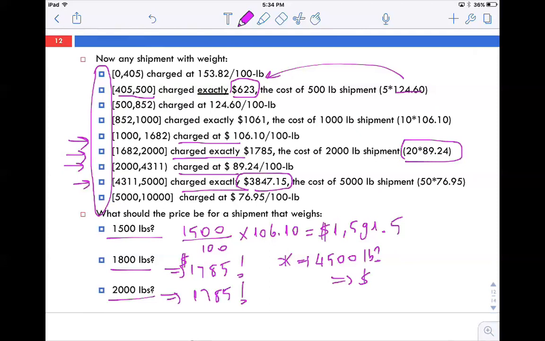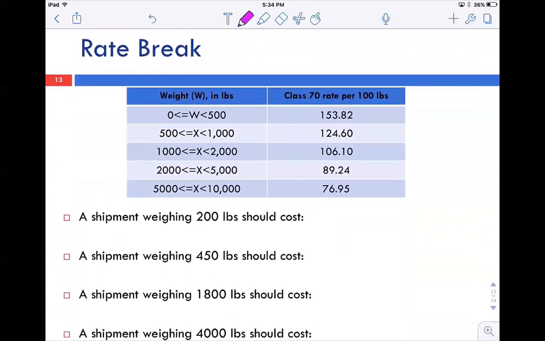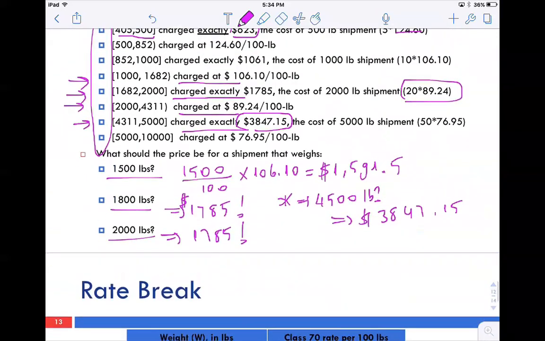So I should be paying $3,847.15. All right, in a summary, this is where you use this information. There are some further questions down here. Basically, we can answer these questions very easily by using the information here. Let's do that.